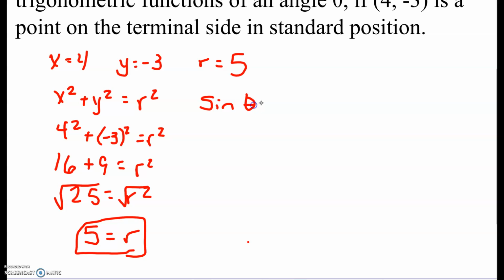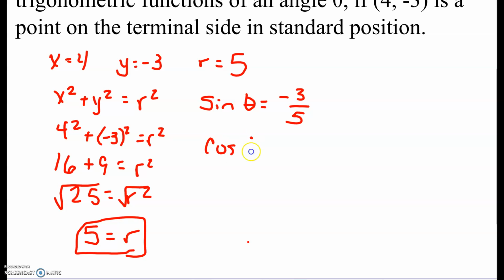So the sine of our angle is y divided by r. So that's -3 over 5, which does not reduce, so that is our answer.